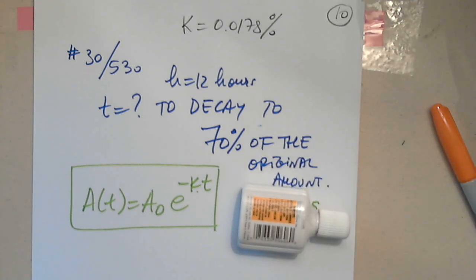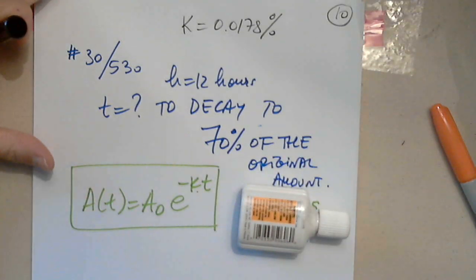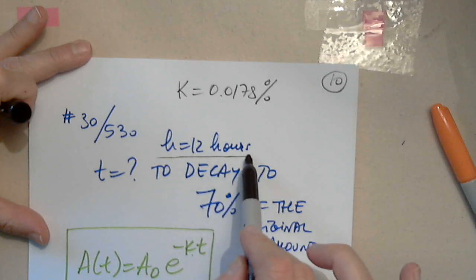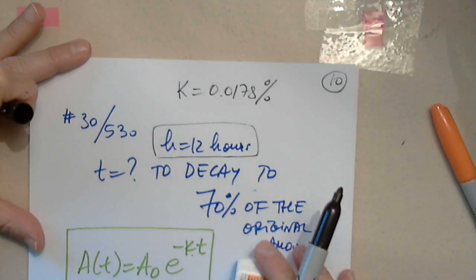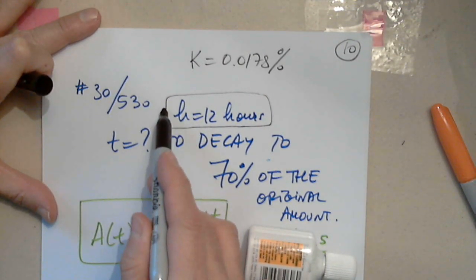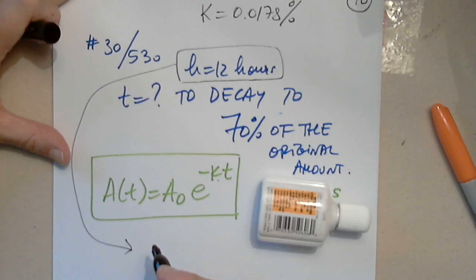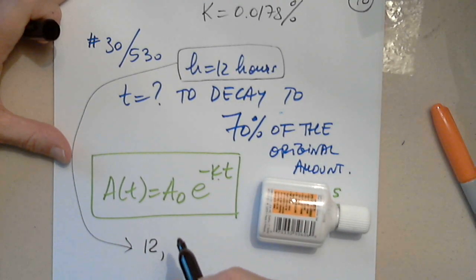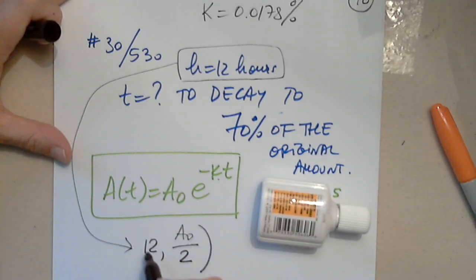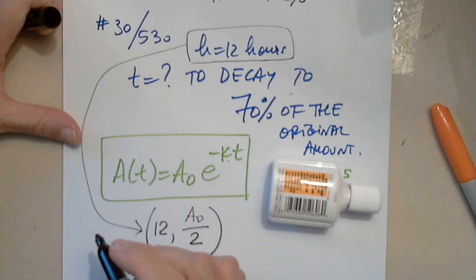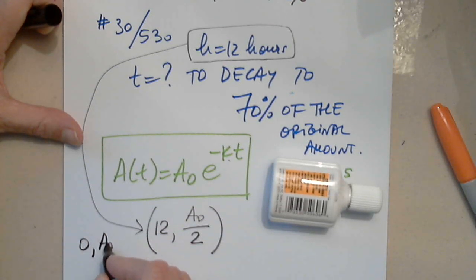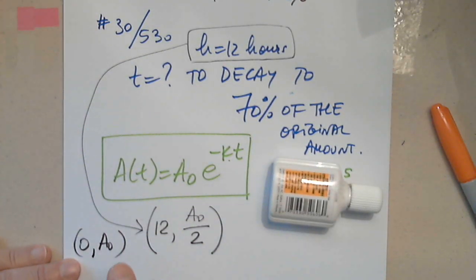Okay. So first of all, whenever I'm given the half-life, I know that that is a point. So after 12 hours, the initial value becomes half of it. Right now, at time 0, I take aspirin, this amount. Nobody cares what it is.